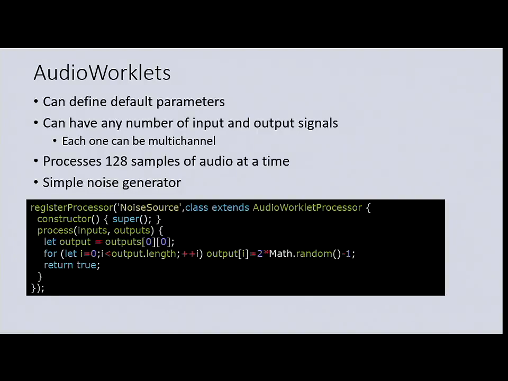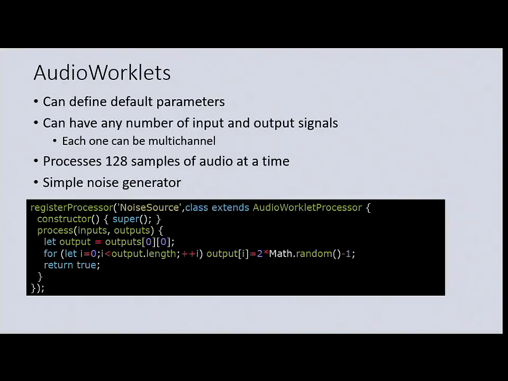So what we have right here is a simple noise generator. You register a processor, call it noise source, which is an extension of the audio worklet processor. You have a constructor. I'll talk you through these steps.